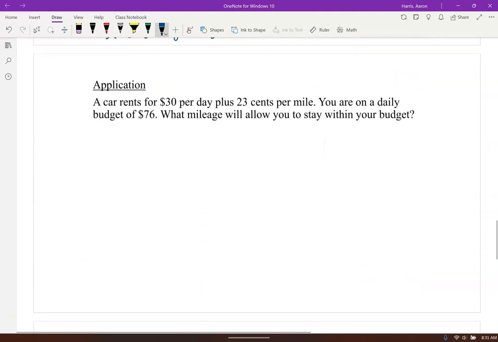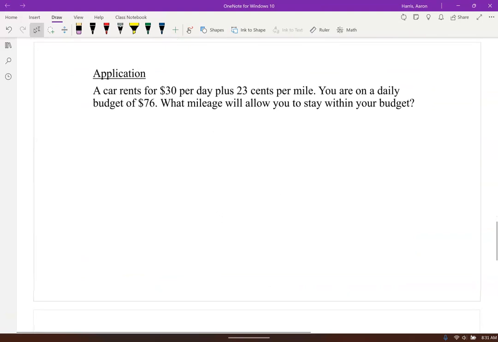All right, last one. We got an application. A car rents for $30 per day plus 23 cents. Okay, so it's a guaranteed 30 bucks plus 23 cents per mile. We'll call x the number of miles. Okay, that's how much it costs you to rent a car, right?